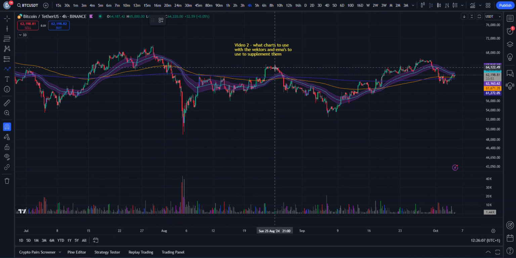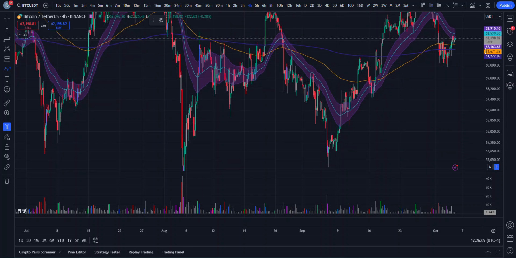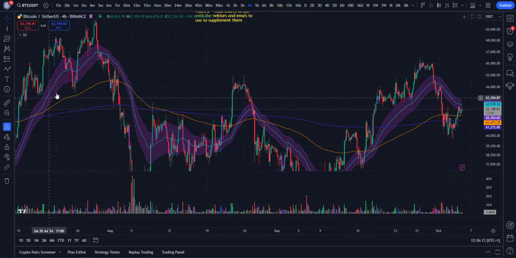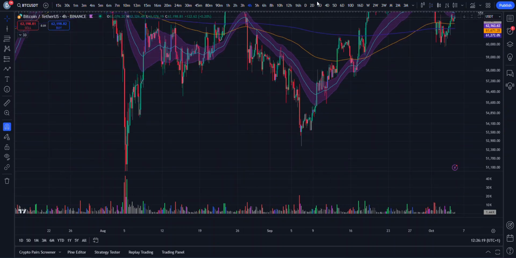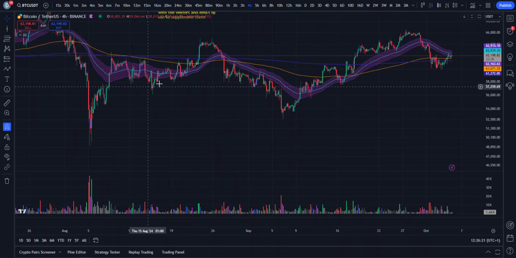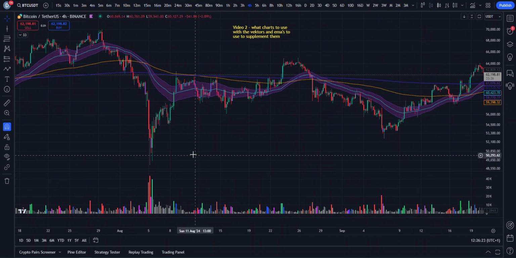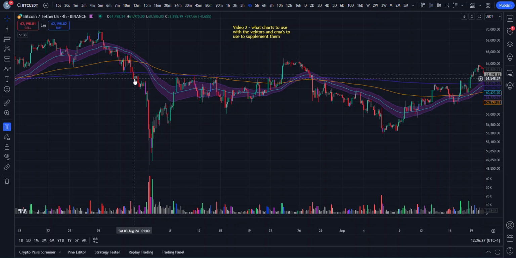If you wanted to look for a short, price is going to have to be above all the EMAs: above the 800, above the 200, above the 50, and above the cloud, and you would look for a reversal. When you're looking for a long, you would look for it when price action is below all the key EMAs and the cloud.